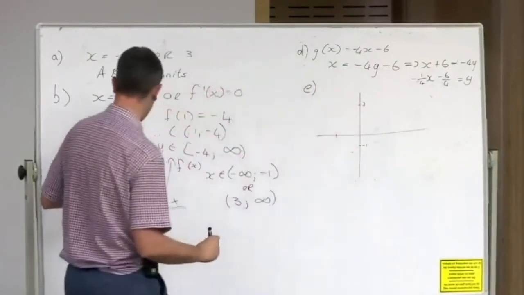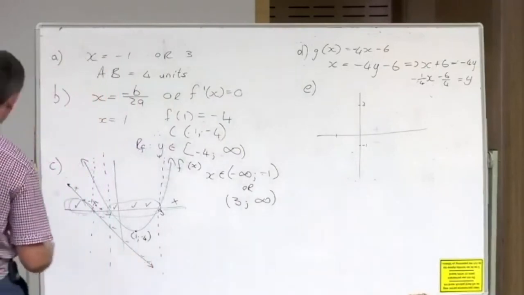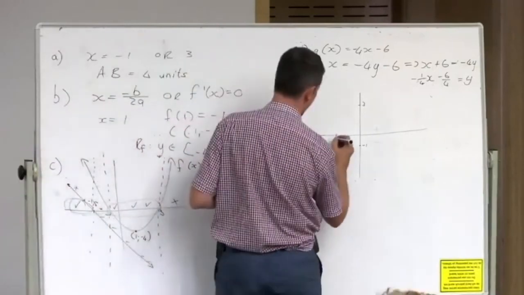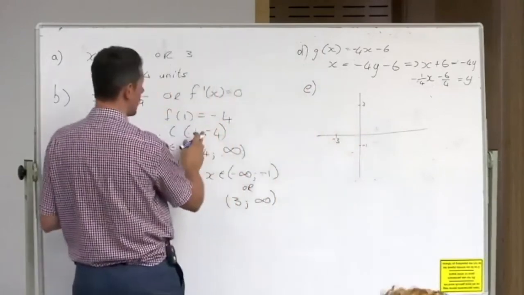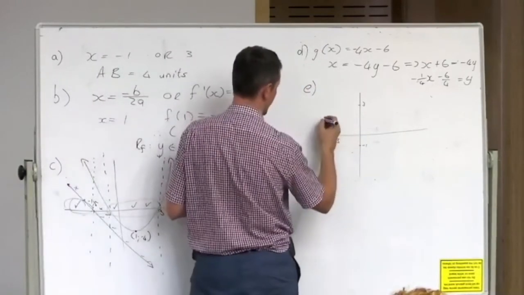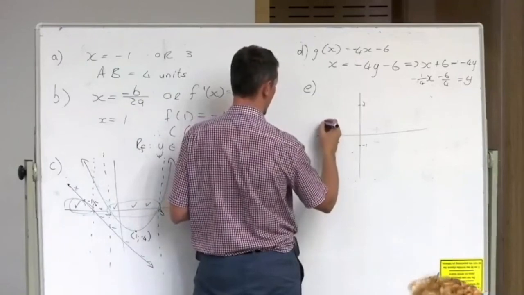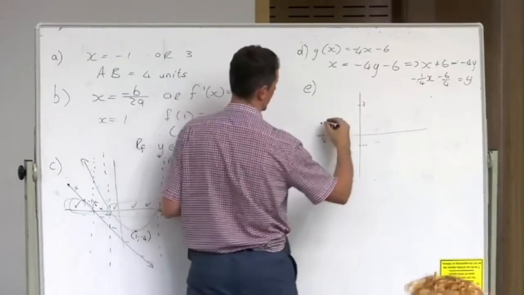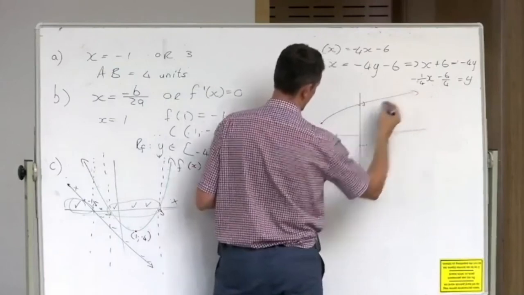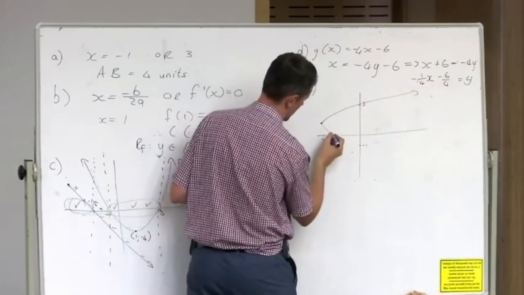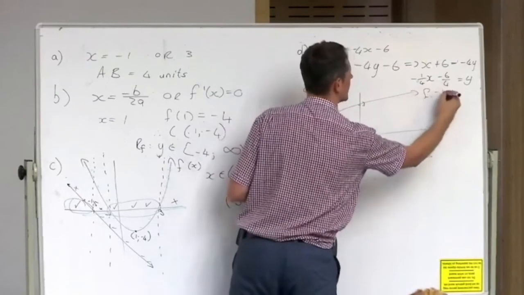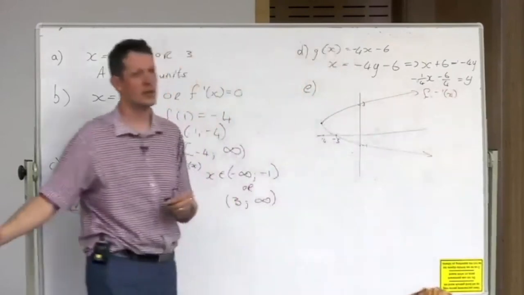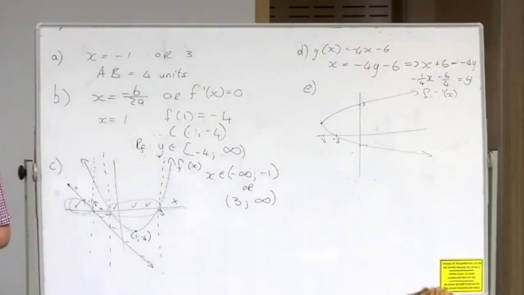My y-intercept is at negative 3, so this is then going to become my x-intercept. Turning point is at 1 comma negative 4, so it's at negative 4 comma 1. Something roughly like that is my graph.